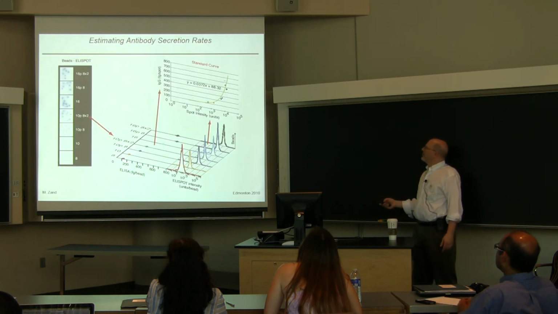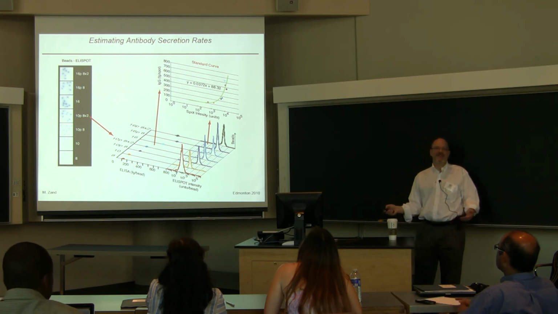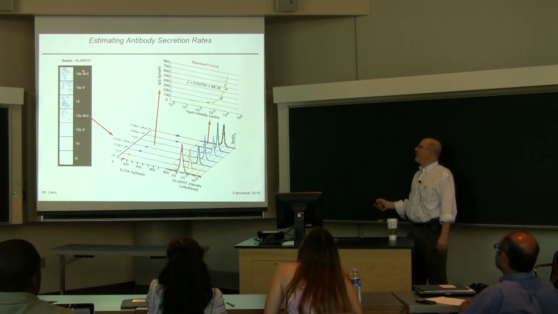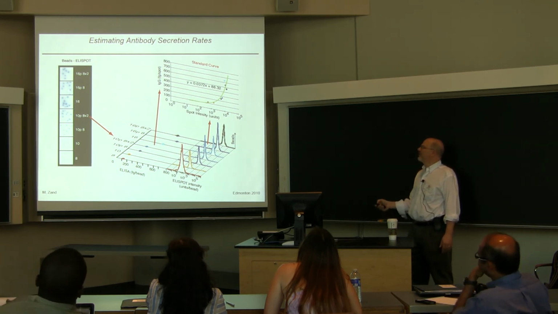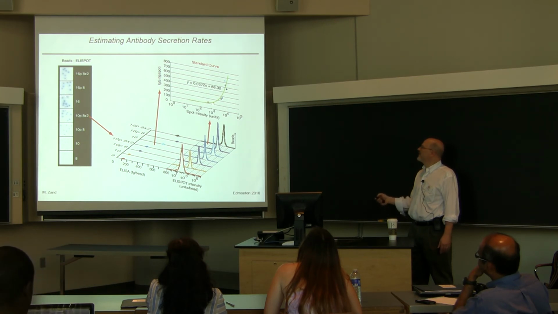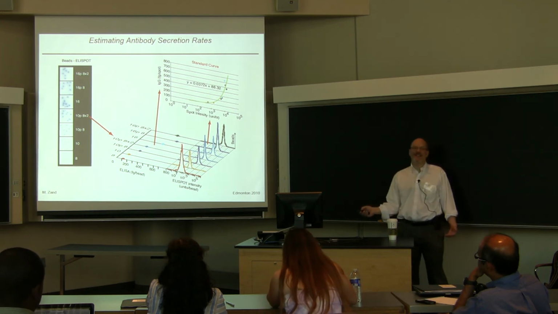I'm going to skip over this: you can estimate single-cell antibody secretion rates, and this is a method that was developed in my laboratory where we did quantitative ELISpots. This is a calibration curve. Each of these are beads coated with a known amount of antibody that give a particular spot size, and you can get a standard curve that correlates the femtograms of antibody per spot density or spot intensity.